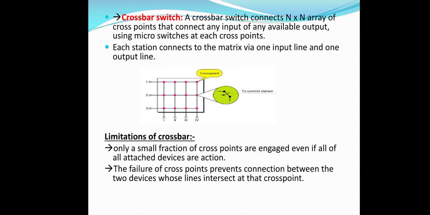What do you mean by a crossbar switch? A crossbar switch connects n by n arrays of cross points that connect any input to any available output using micro switches at each cross point.